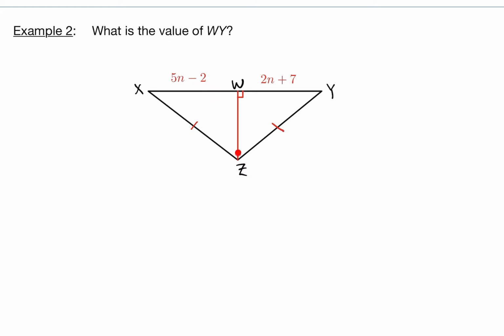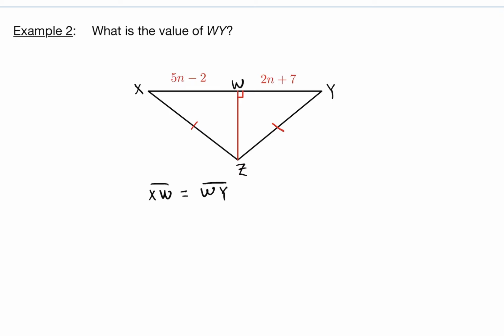Here's the perpendicular bisector, and bisector means it cuts this segment XY exactly in half, which means that XW is equal to WY. So using the theorem, what we've concluded is that XW is equal to WY.